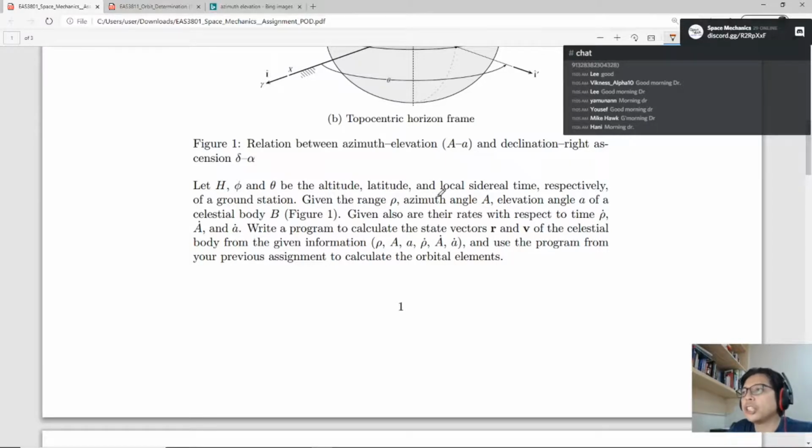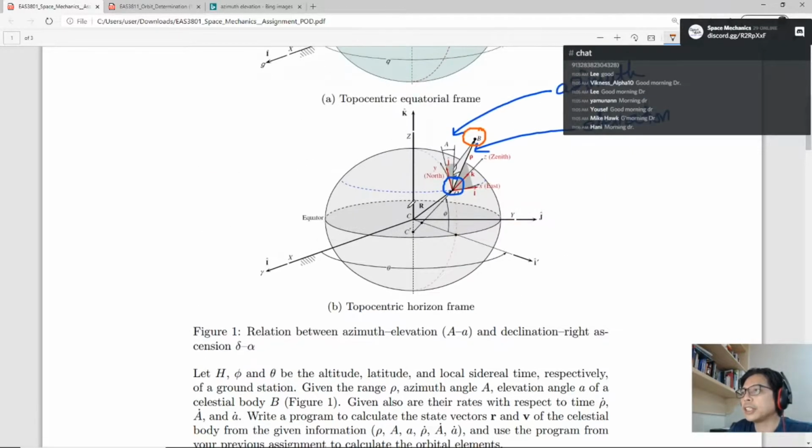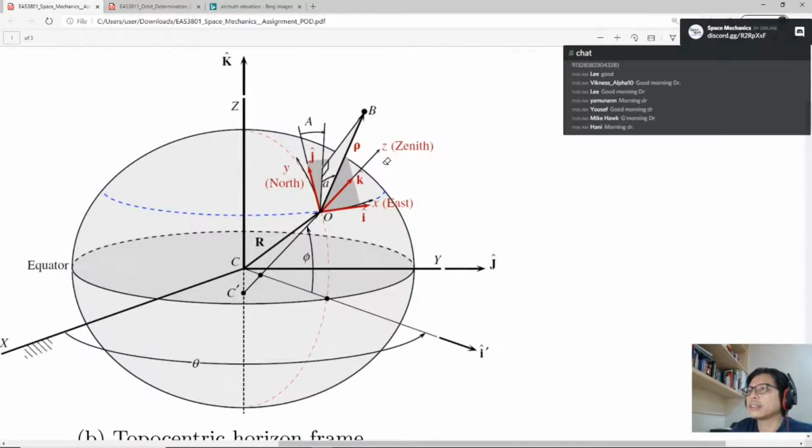Now given the range, range here is the distance between you and the object. Let me delete everything here. So range is the distance between you and the object, rho.